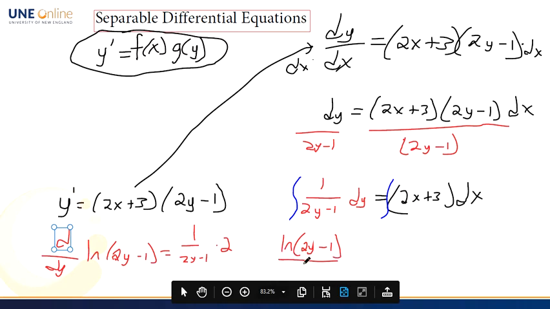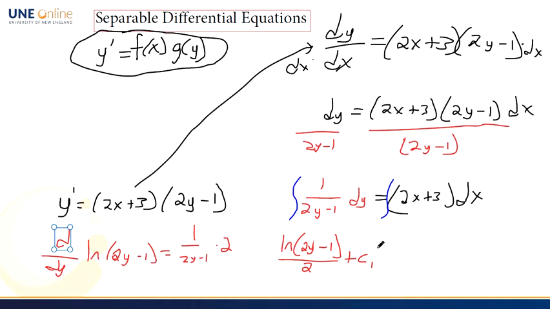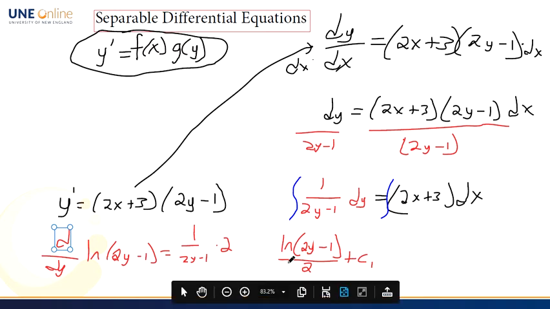So I got to put a little 2 underneath here to balance that out. And I think now we have plus our constant c. We'll just call that c sub 1. I think we got it now. If you take the derivative with respect to y, natural log of 2y minus 1 gives you 1 over 2y minus 1 times 2. Yeah, so you could say this is 1/2 too if you don't like that, divide by 2. Okay, so we evaluate the indefinite integral for the left side.